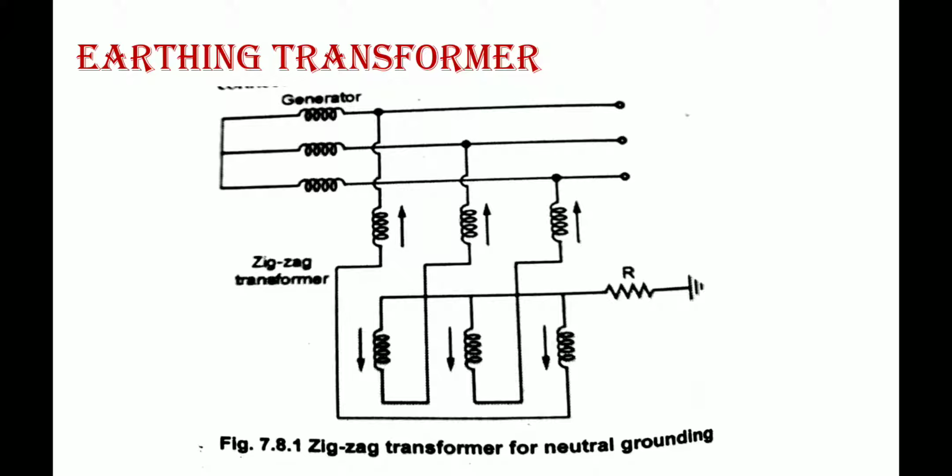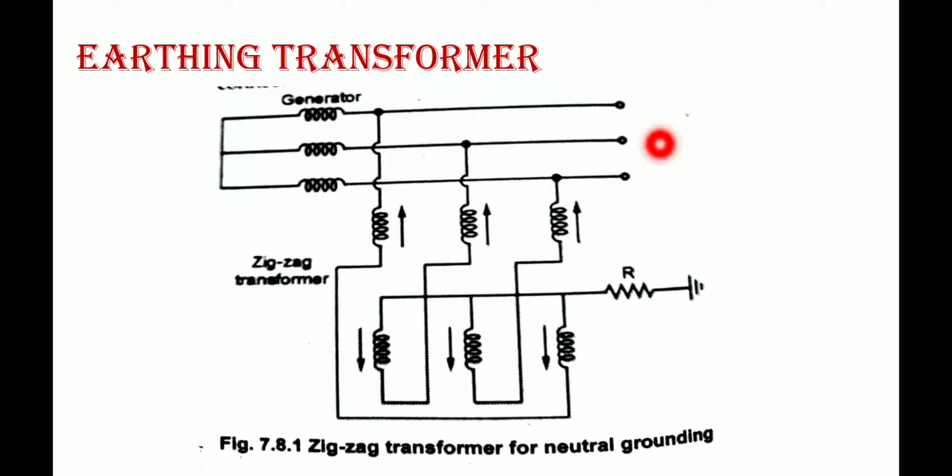First we will consider the normal operating conditions as well as the fault conditions. Under normal operating condition, what will happen? Normal operating condition means steady state and balanced conditions.